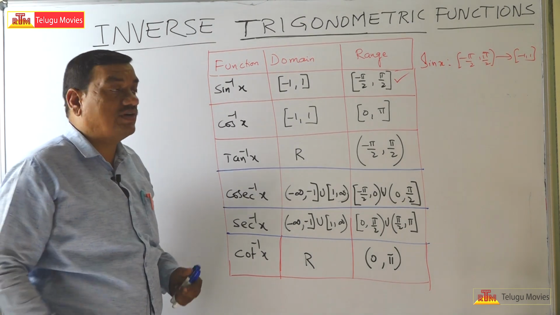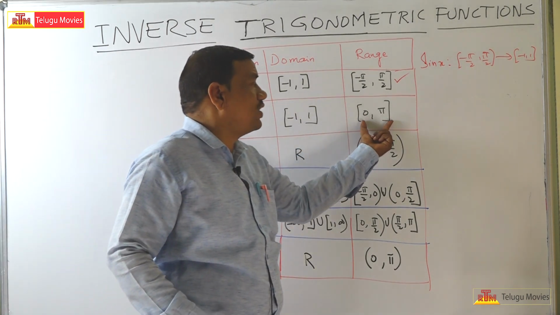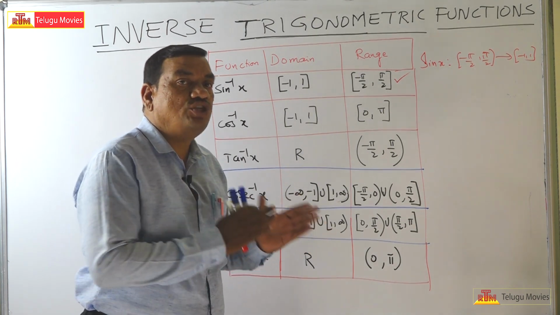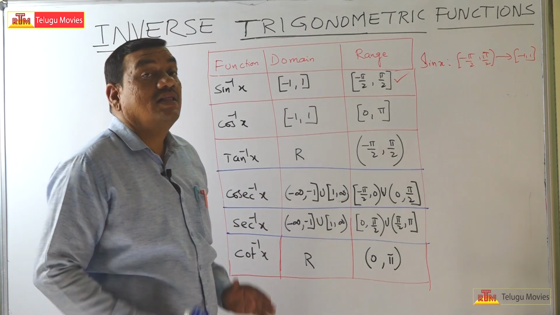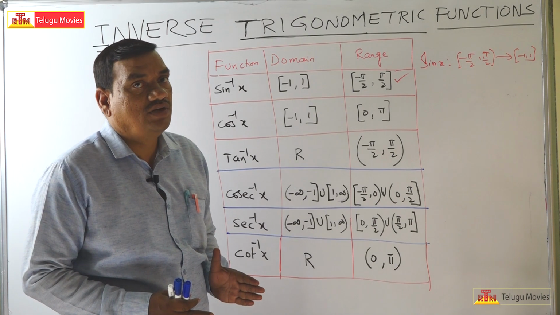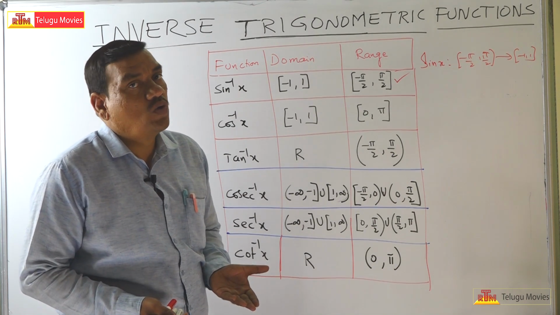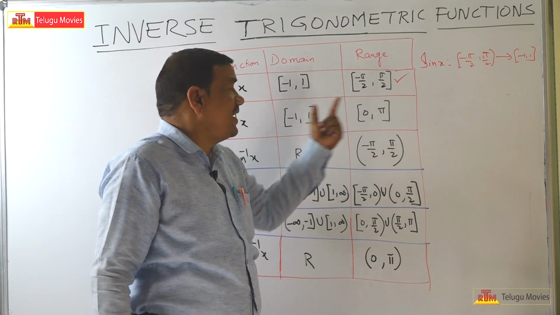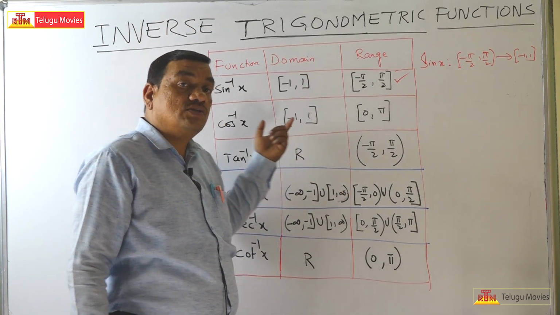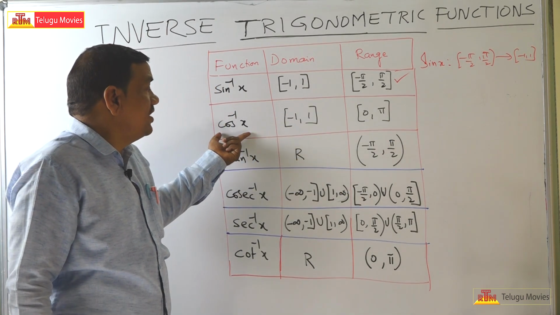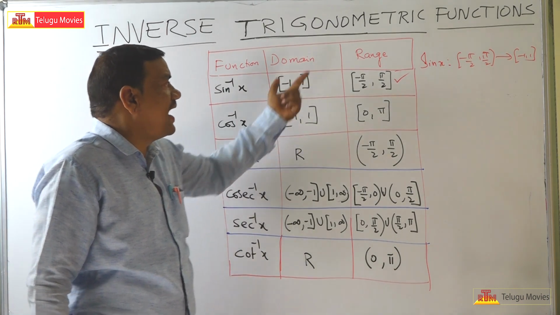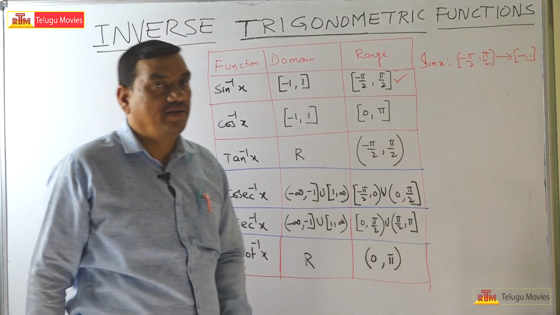Similarly, for the cos function, if you restrict the domain to 0 to pi, then the function is a bijection, therefore that is called the inverse cosine function. For cos, the domain is 0 to pi and the range is minus 1 to 1. So for the inverse function, the domain is minus 1 to 1 and the range is 0 to pi.